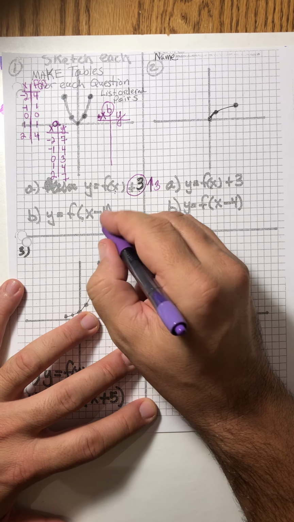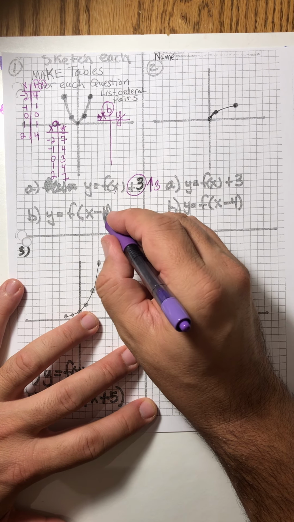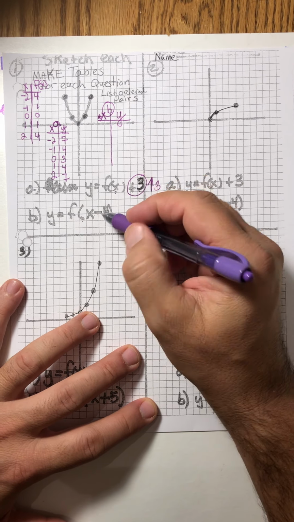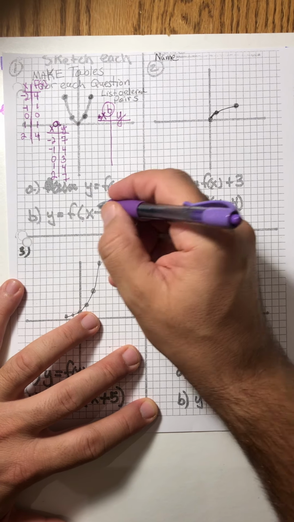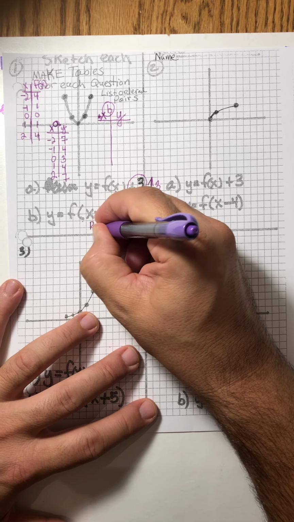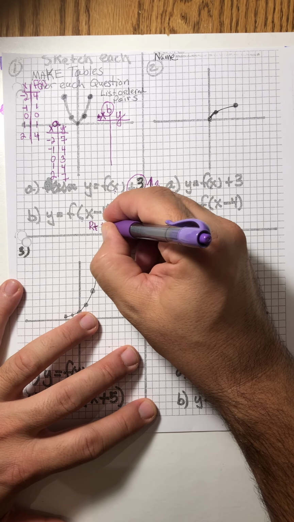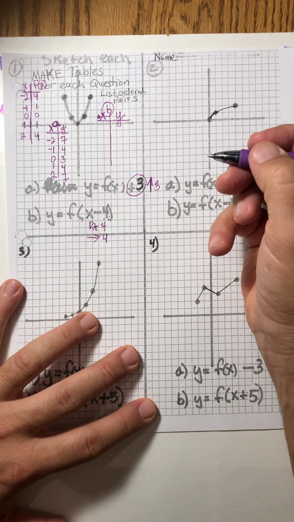That's right, this is opposite. Inside the parentheses, you do the opposite sign. So this says x minus 4. Think about it as a root. If this was a factor, we would say the root is a positive 4. So that means we're moving right, R-T for right, 4. We're moving right 4 units.